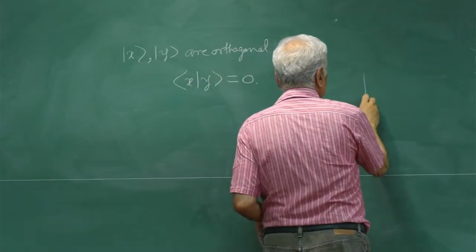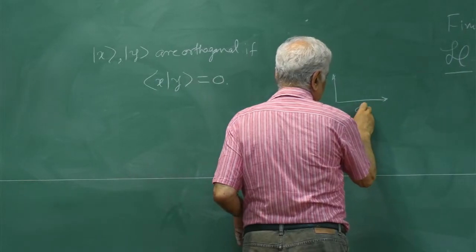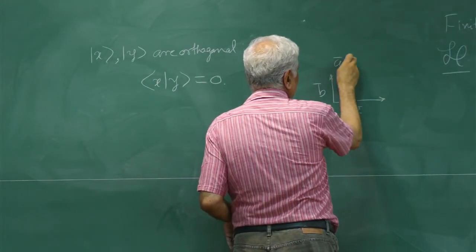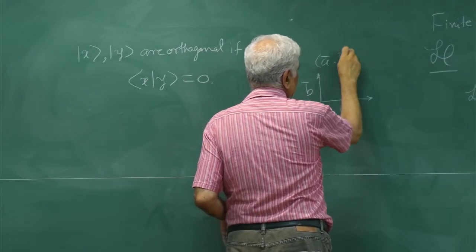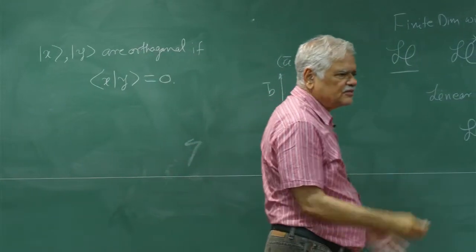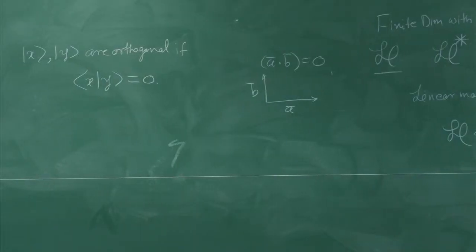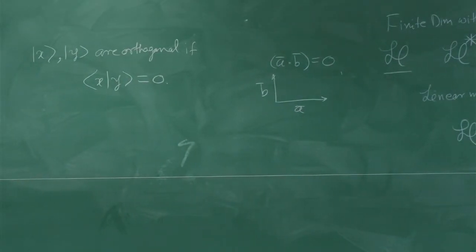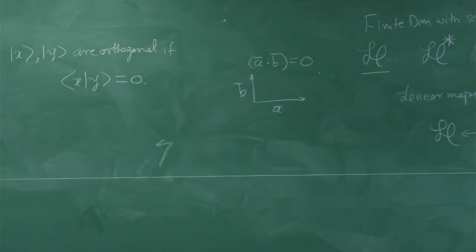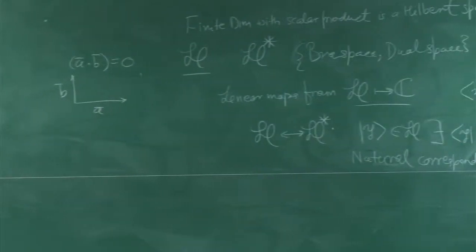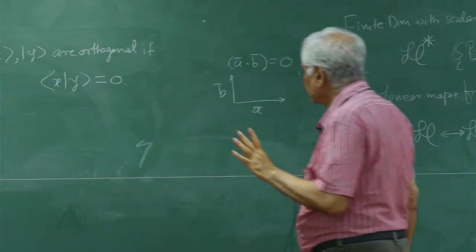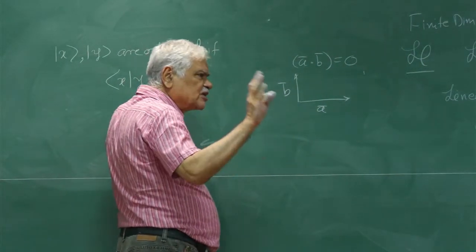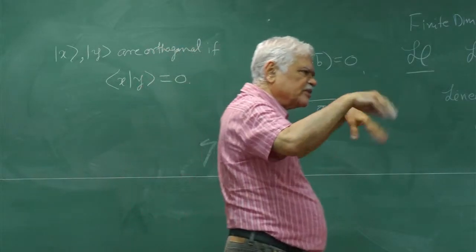In fact, this is not new. For example, two vectors: orthogonal means perpendicular. When they are perpendicular, A dot B, the scalar product, vanishes. This we know from simple elementary vectors. An electron is a quantum system; it will have its own Hilbert space. I am talking about any quantum system and the corresponding state space.